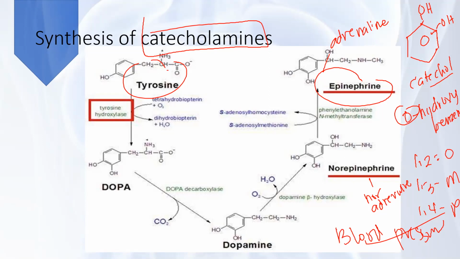Now, what are the sources of our catecholamines? Remember guys that the primary source of our catecholamines is the synthesis and storage from the chromaffin cells. Kagaya na sinabi natin kanina, okay, in the adrenal medulla.